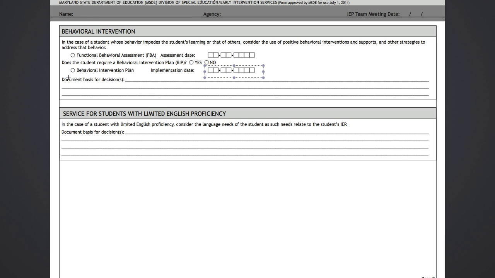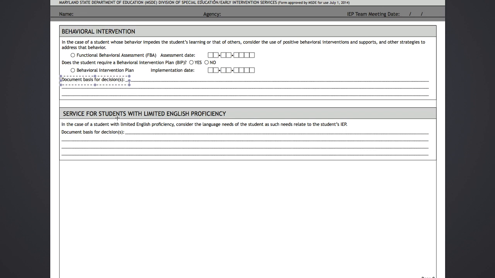And then this documentation for basis of decision immediately below is also a required section. So this is a good place to talk about why the student may have required an FBA and BIP, and highlight some of those very key strategies on the behavior intervention plan to support the inclusion of the student.